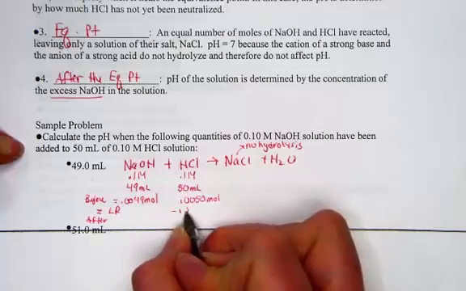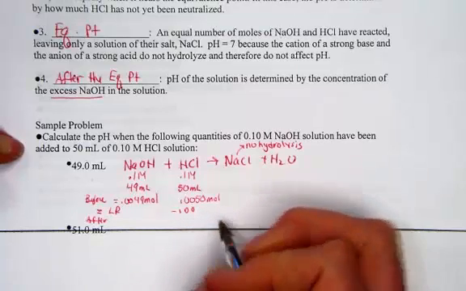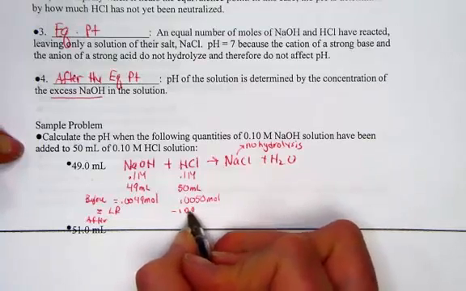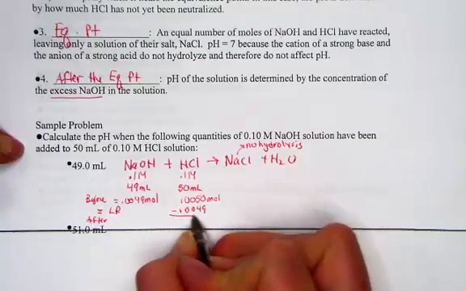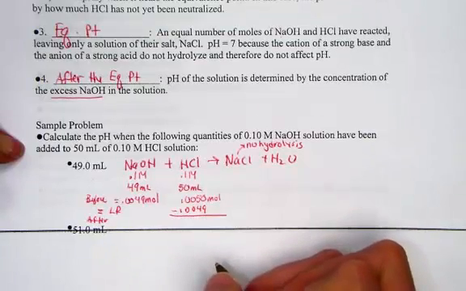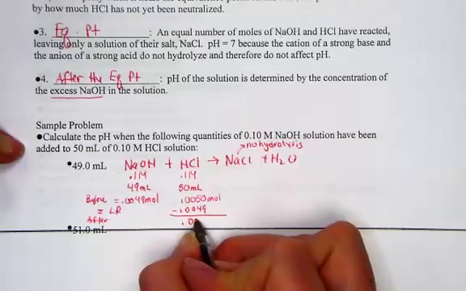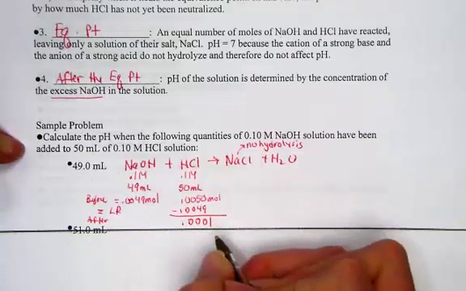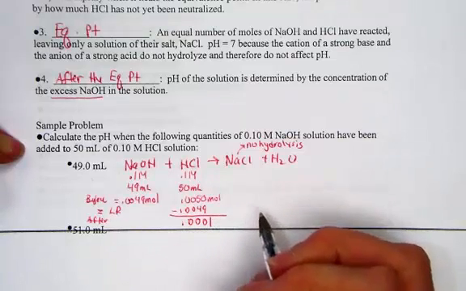We can simply subtract to find the number of millimoles in solution. 0.0049 from the 0.0050 gives us the number of excess moles of the acid. 0.0001 moles of hydrogen ion.